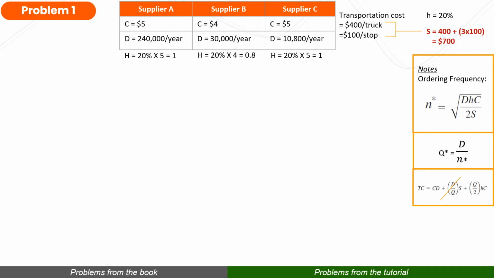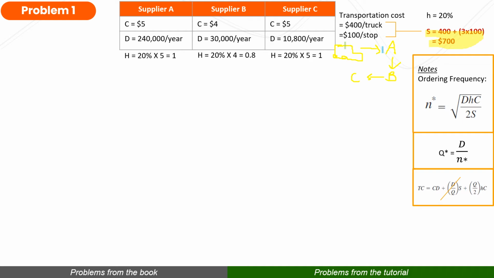Okay, next we compute when we purchase aggregately. The information is still the same, but the difference here is the ordering cost. The ordering cost is $700. So when we purchase aggregately, we only use one truck for the 3 suppliers, and then this one truck must get the parts from each place of the supplier.